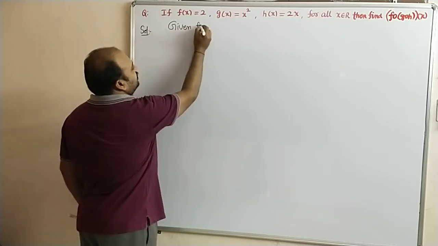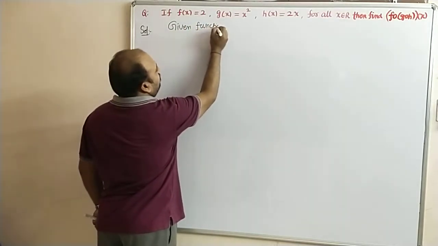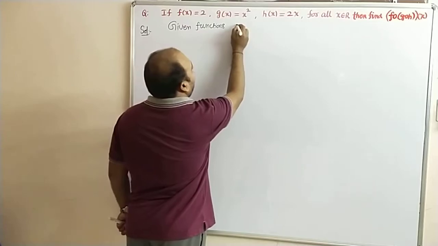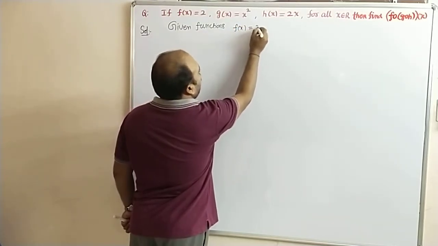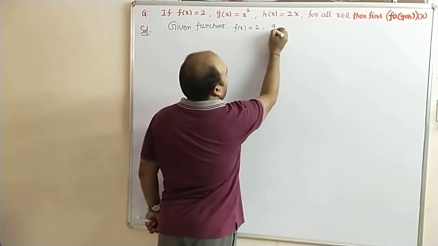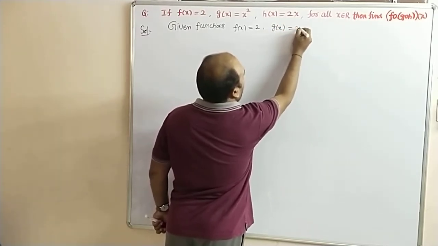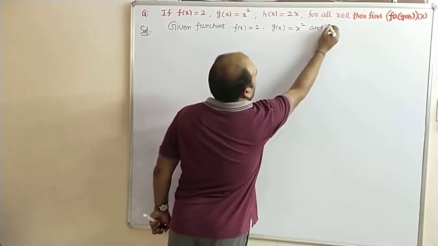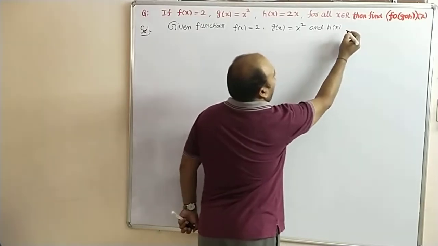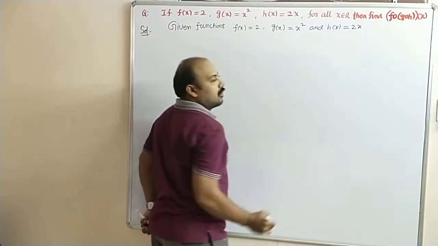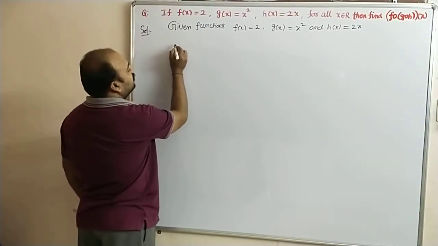Given functions: f of x equal to 2, g of x equal to x square, and h of x equal to 2x.